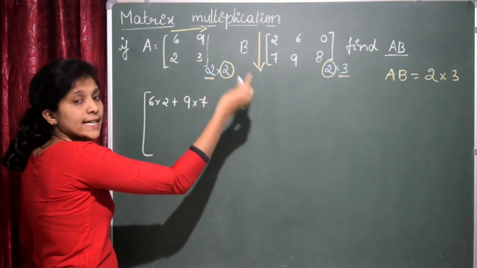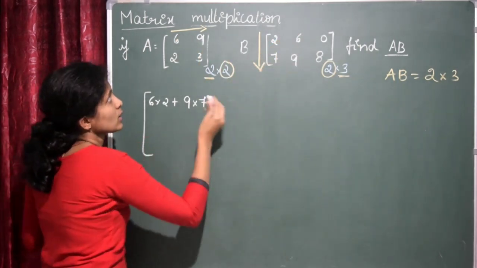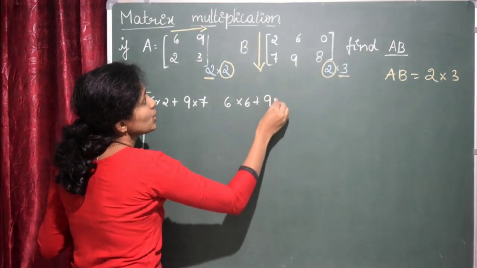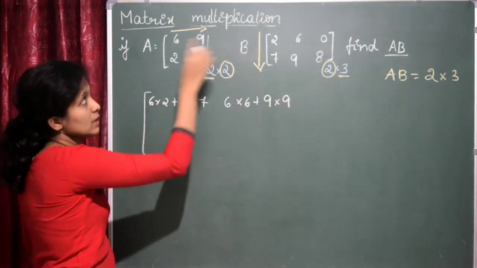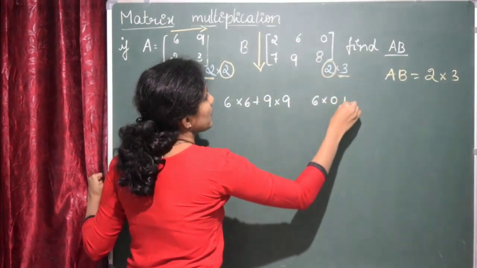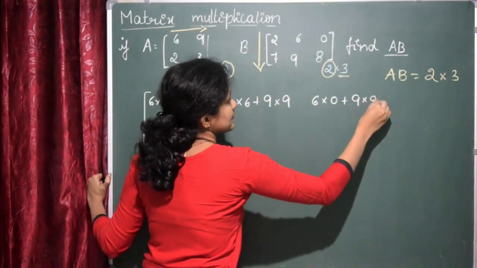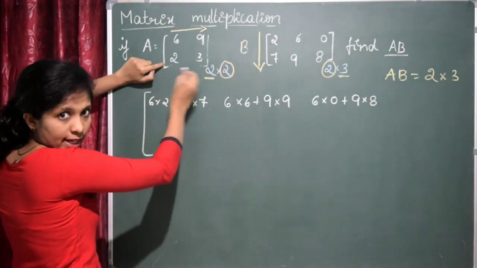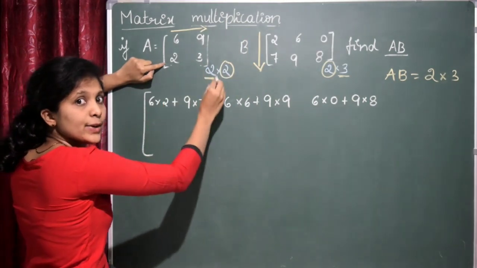First element. Second element, first row, second column. That is 6 into 6 plus 9 into 9. Right? Third element, first row, last column. That is 6 into 0 plus 9 into 8. Now the second row will be second row, first column, second row, second column, second row, third column.